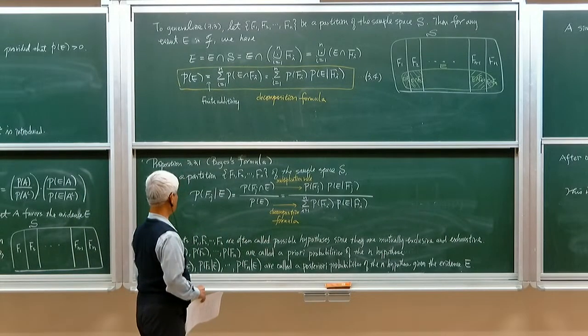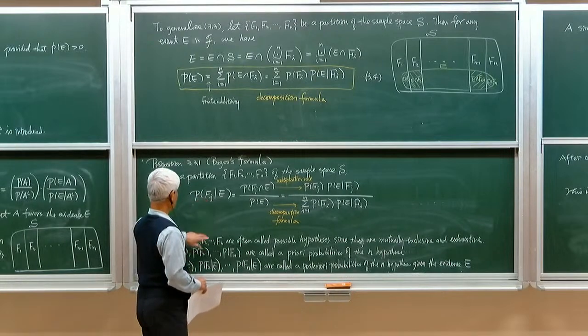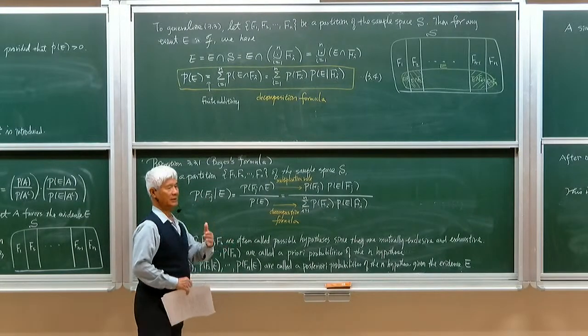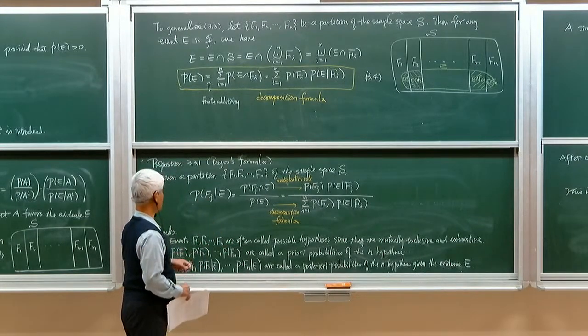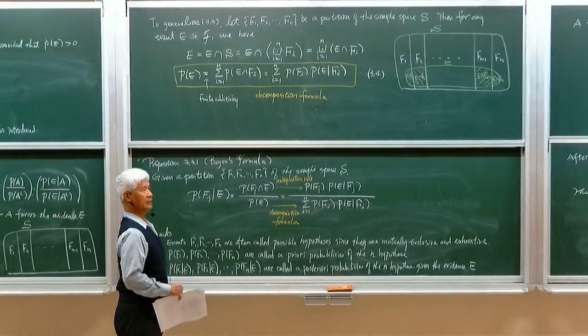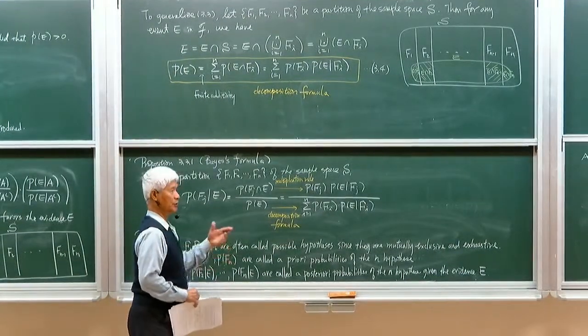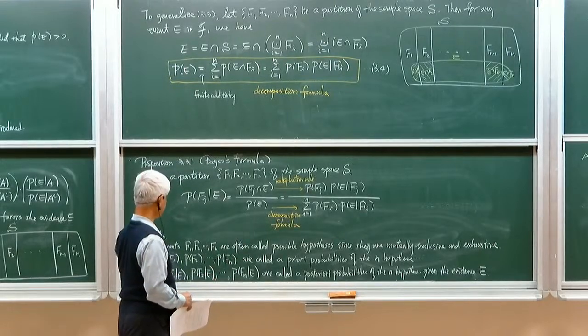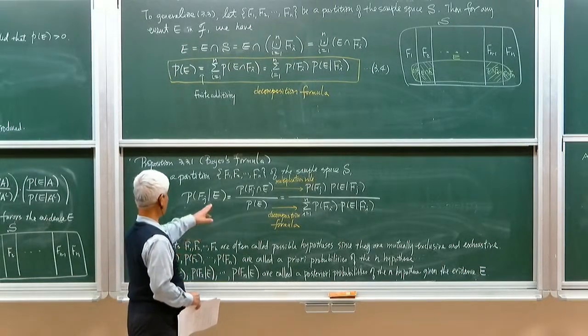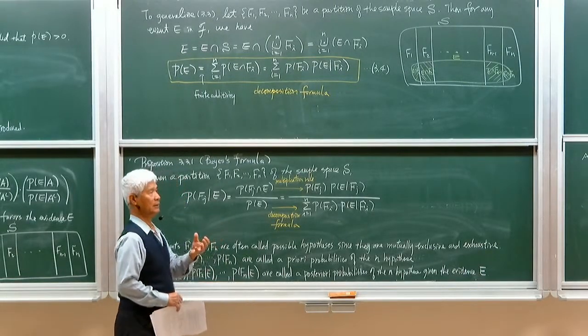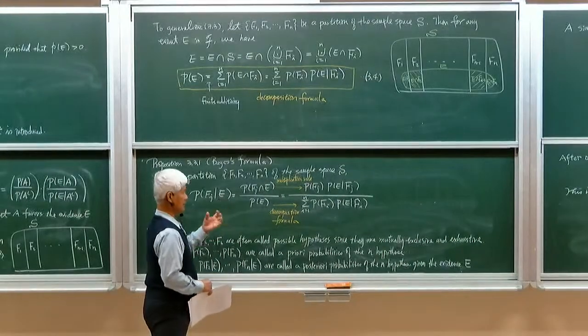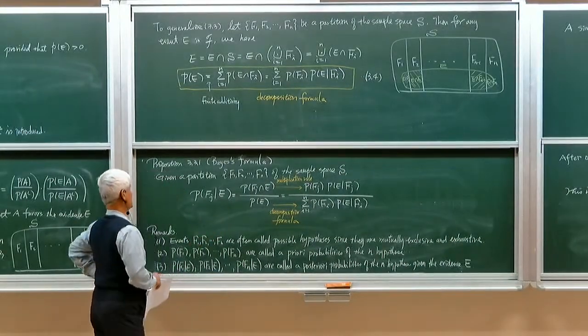A person at the receiver wants to find the signal which was transmitted, and E is the signal that the receiver received.